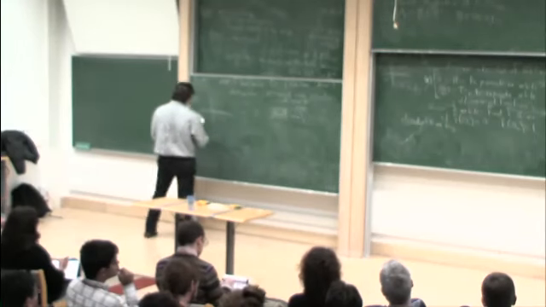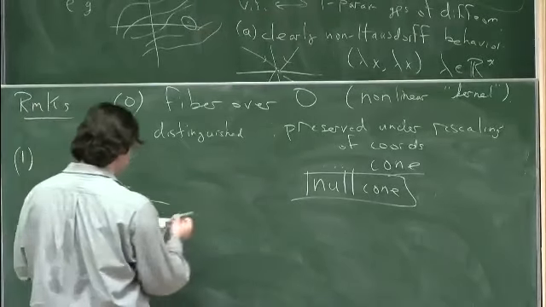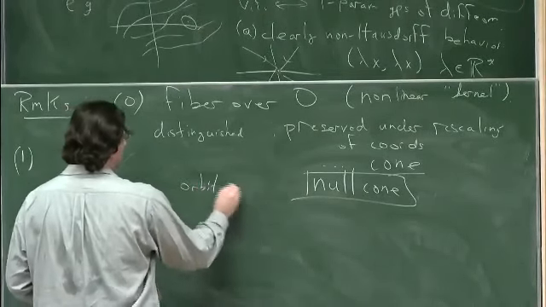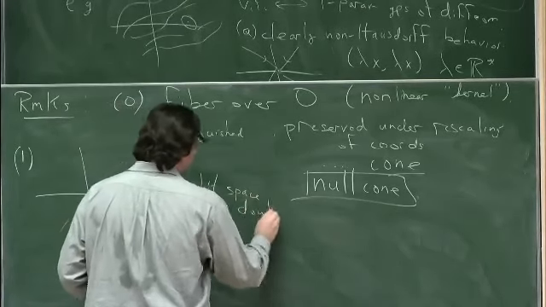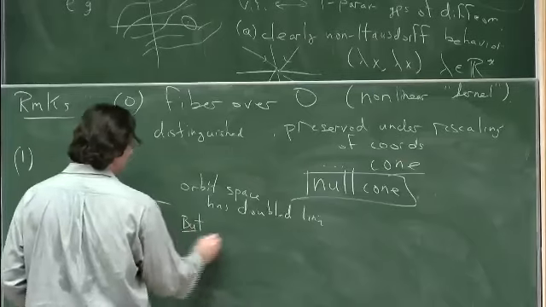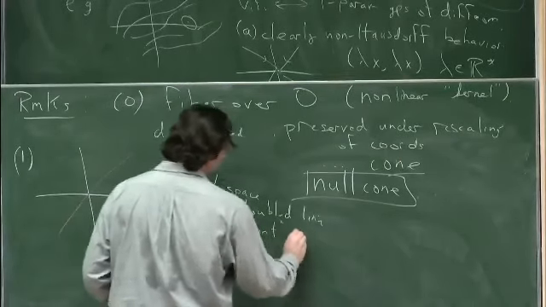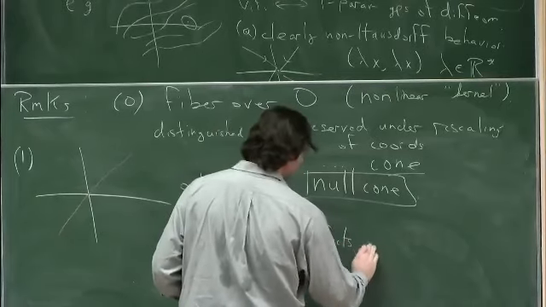So what's happening is, really the orbit space is C2 with a line doubled. But the quotient via the invariant functions is actually your plane.